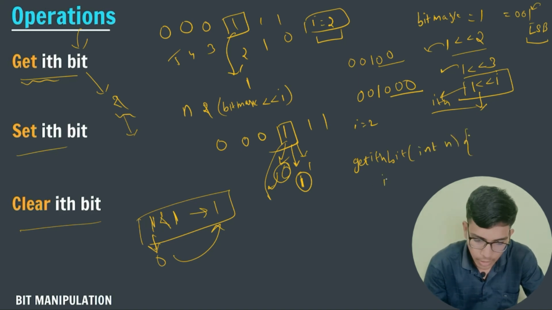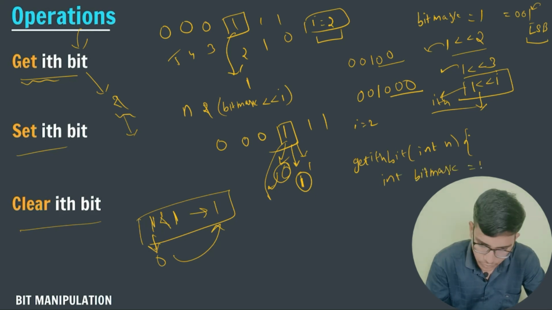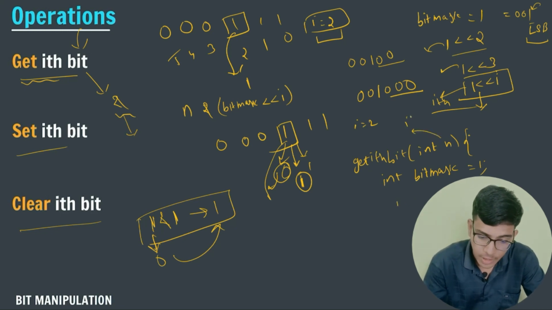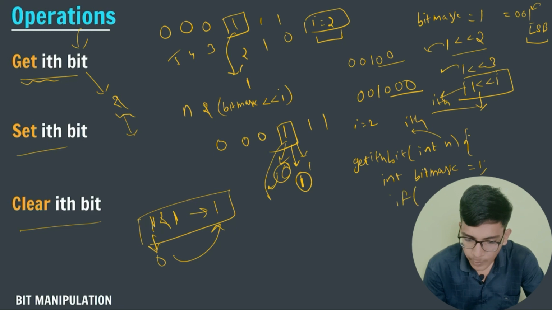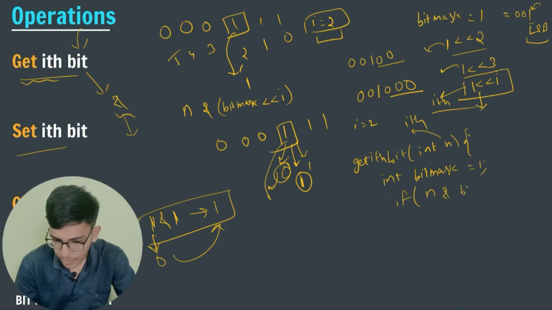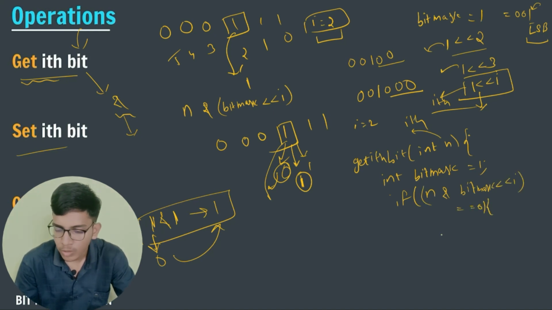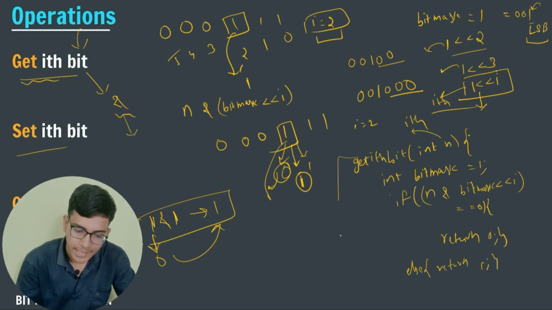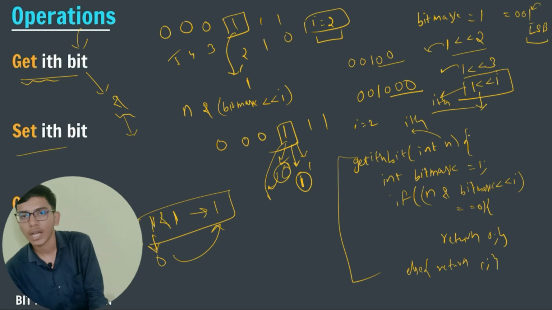After that I will create my bit mask equal to 1. Here I will also get the ith bit as my output. After that, if n AND bit mask of left shift i is 0, then you will just return 0, else return 1. So this is the code for getting the ith bit present at that ith index.